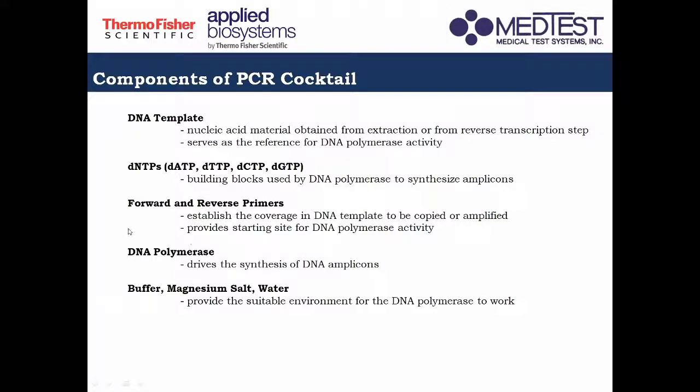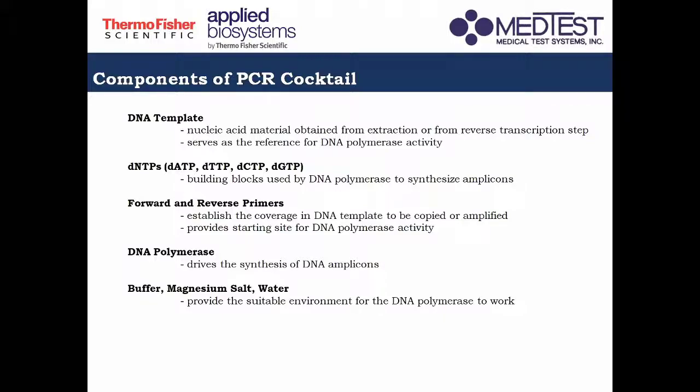Now, aside from the building blocks or the dNTPs, we have also the forward and reverse primers. So, ano ba tong forward and reverse primers? Ito po yung nagta-target dun sa, kumbaga, we don't want to amplify all of the nucleic acids.